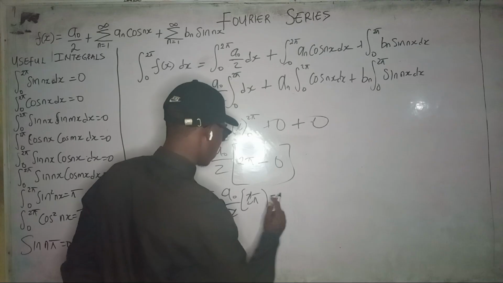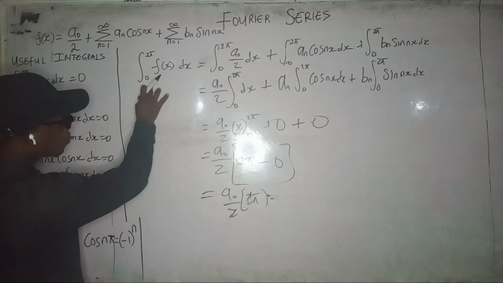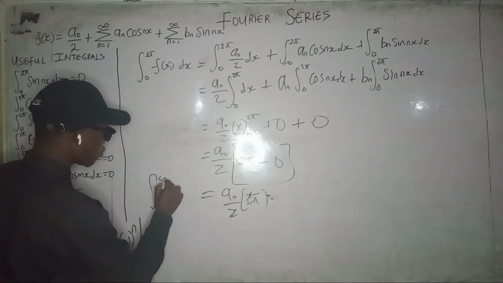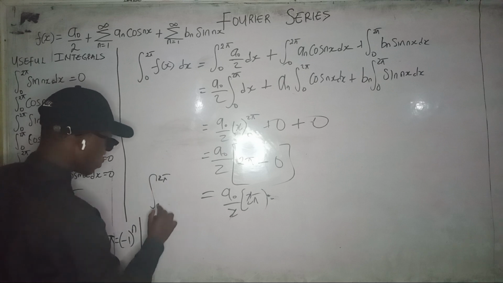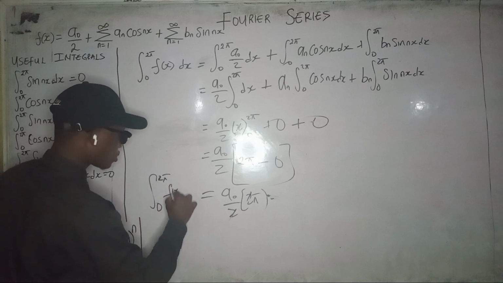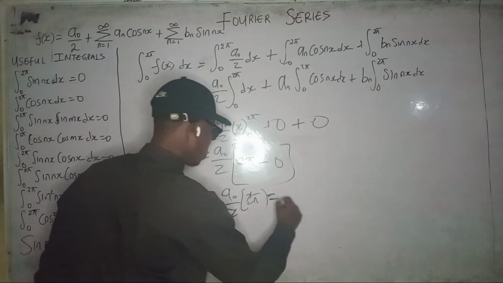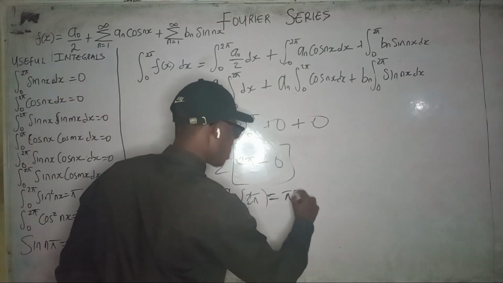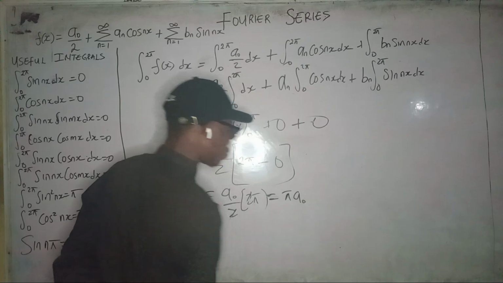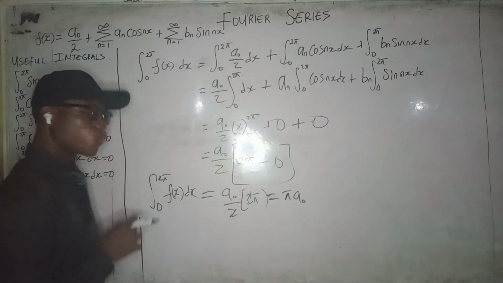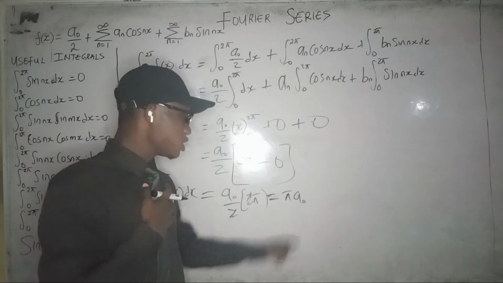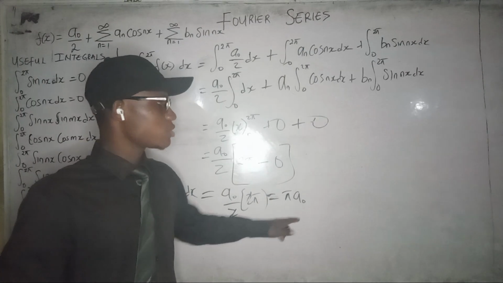Let's not forget what we have here, which is the integral from 2 pi to 0 of f of x dx, which is equal to pi times a naught. Since what we are actually looking for is a naught, we just make a naught the subject of the formula.